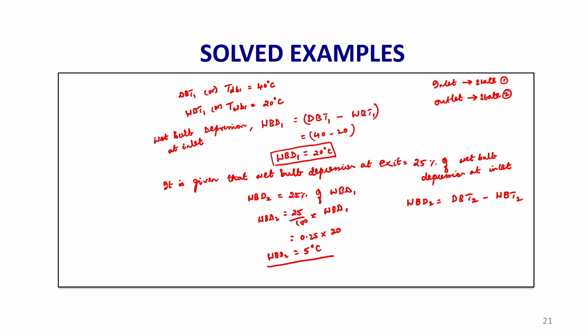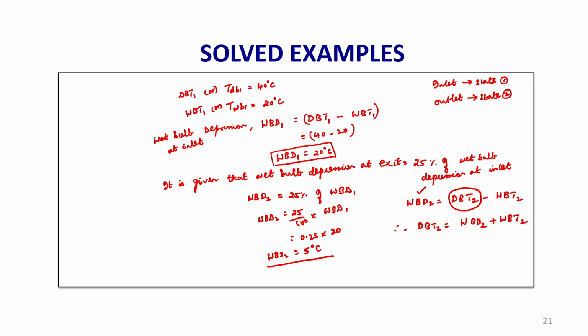I have written that for state 2, that is for the outlet condition. Now, this is known, we have to find out this. Therefore, dry bulb temperature at 2 is equal to wet bulb depression at 2 plus wet bulb temperature 2.